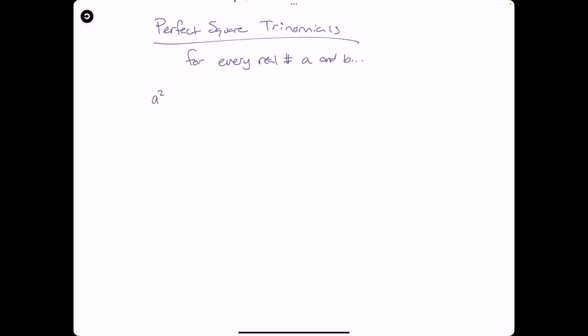If I have a squared plus 2 times ab, in other words, whatever is the square root of a squared, and then add to it b squared, so whatever the square root of b squared is, you can then factor this to be a plus b times a plus b. And again, more simply written, it would be a plus b all squared. You have 2 factors that are identical.